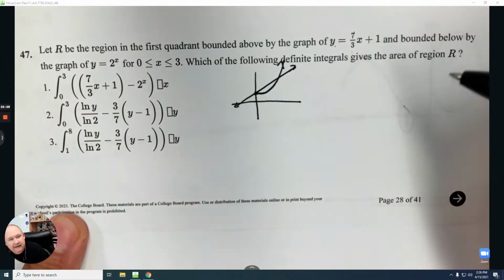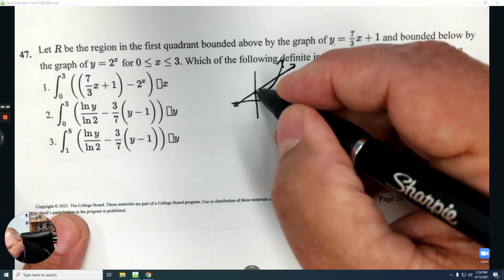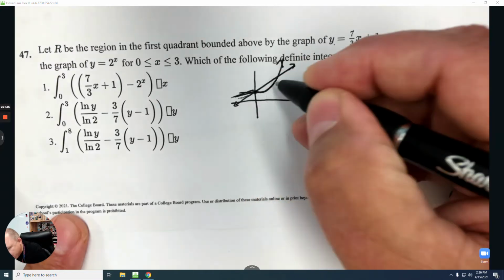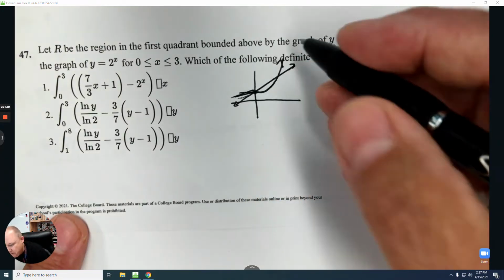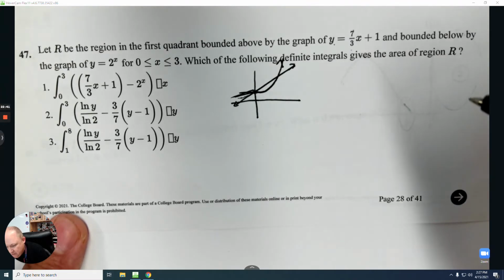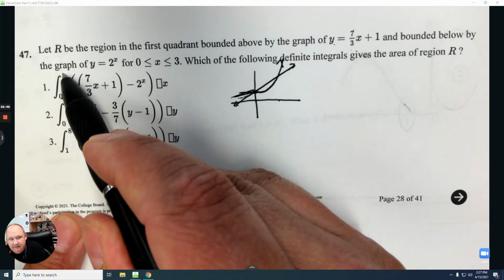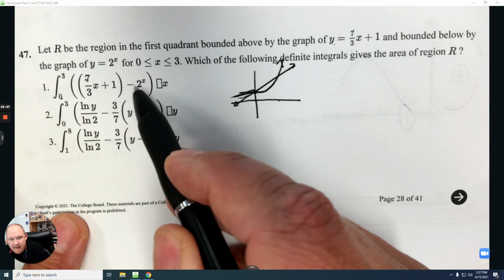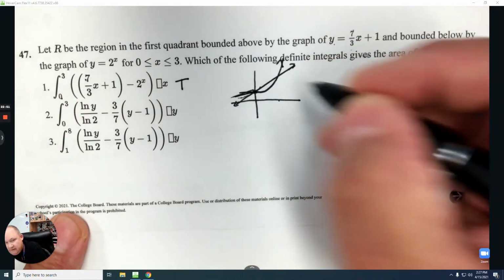That's probably too much of a curve, but you need to see which one's above and which one's below. So the line is above and the curve of 2^x is below. I need to know from 0 to 3, that's what we have. Top subtract bottom, that's correct, so this one is a true statement to find that area.